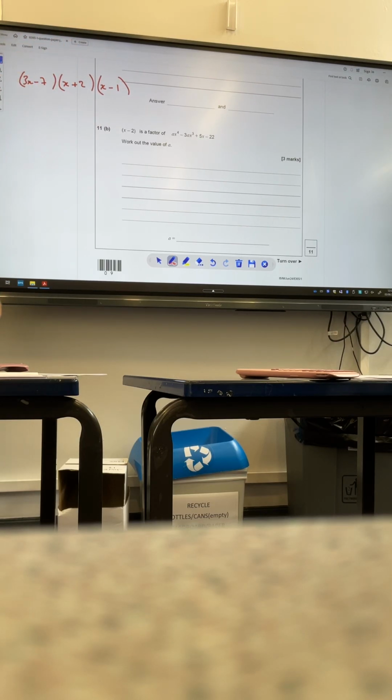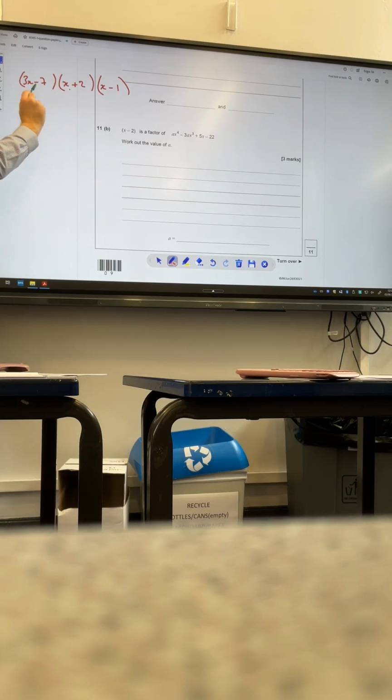So the factor theorem works like this. If I took x as 1, wouldn't that make that bracket 0? And so would the whole thing be 0? So if I went back to the original cubic and stuck 1 into it, I'm going to end up with 0. Equally, if I put minus 2 in, won't that give me 0?